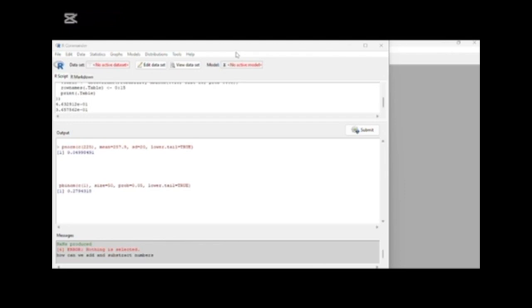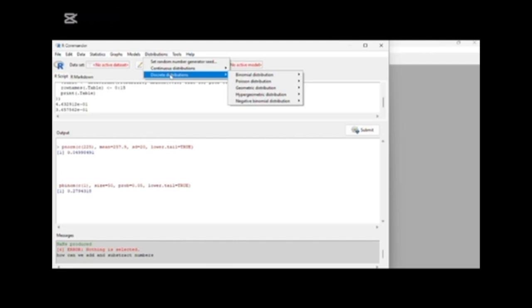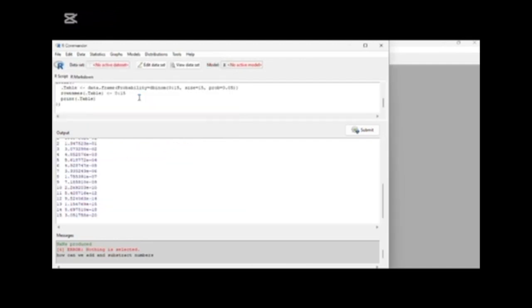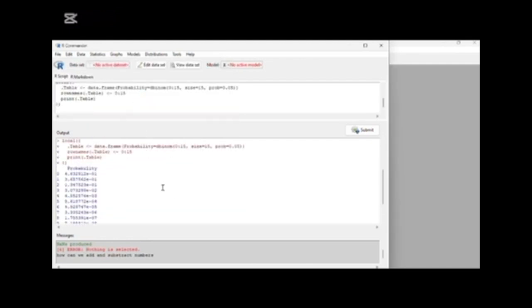So what we are going to do is to take the probability of the defective bottles with the binomial probabilities, being the binomial trials 15 and the probability of success 0.05. Here we can see the probability of being 0 and the probability of being 1.